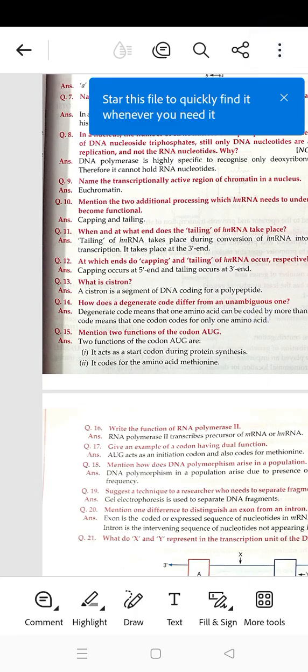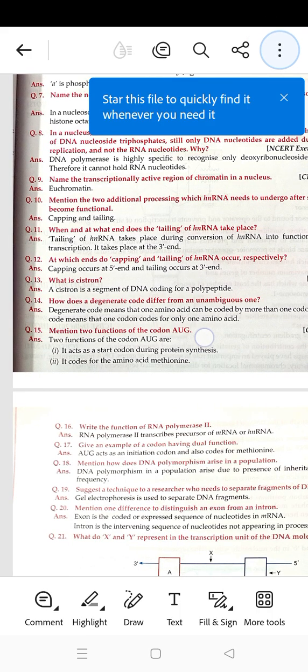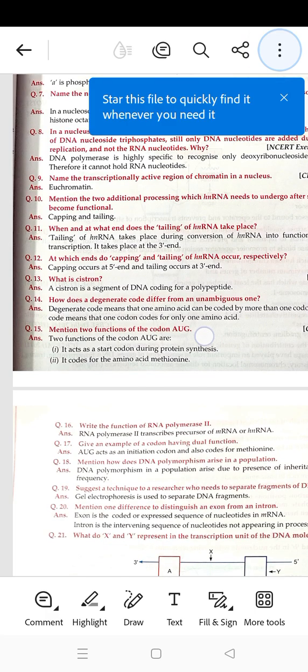Now question number 12. At which end do capping and tailing of hnRNA occur respectively? The answer is: capping occurs at the 5' end and tailing occurs at the 3' end.